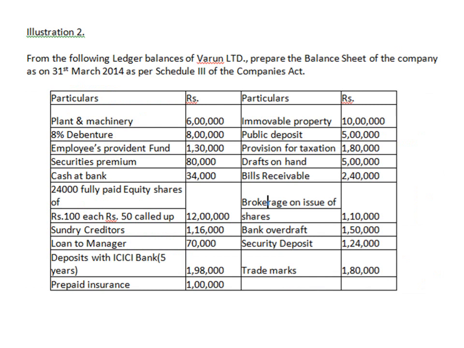In this illustration, it is a ledger balance. It is not a trial balance where they have given a debit and credit side. They have just put all the items one by one and given us balances. Now as you can see friends, plant and machinery is a fixed tangible asset. 8% debenture is an investment.